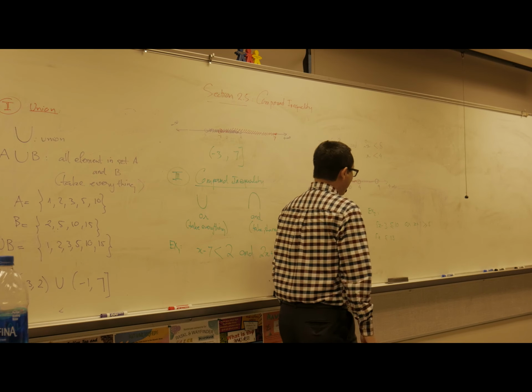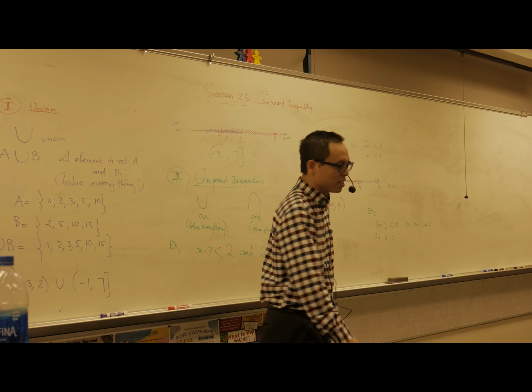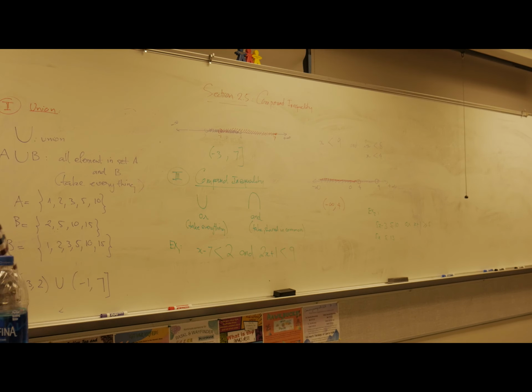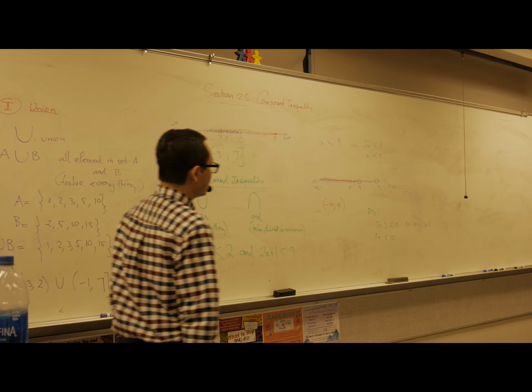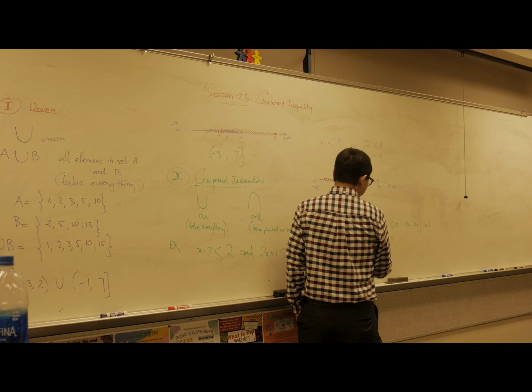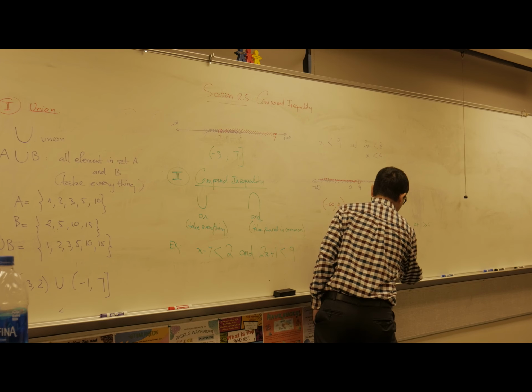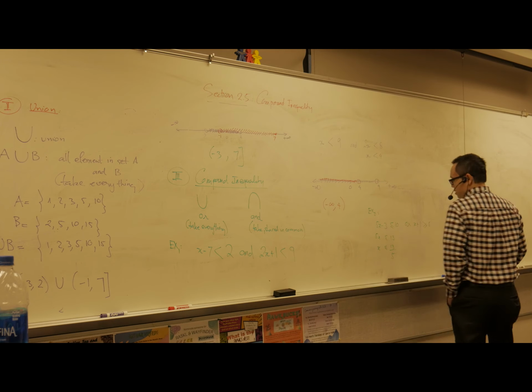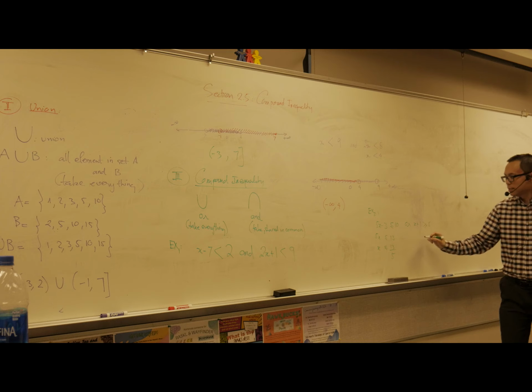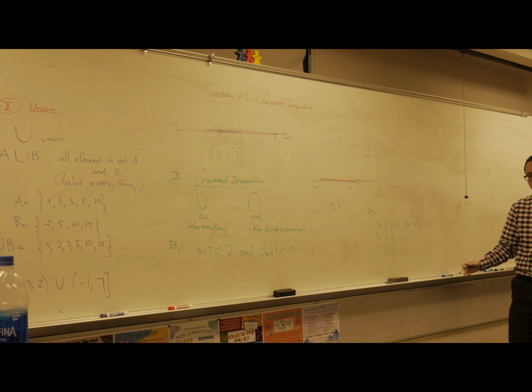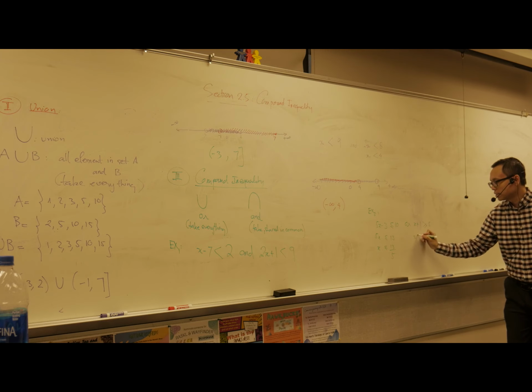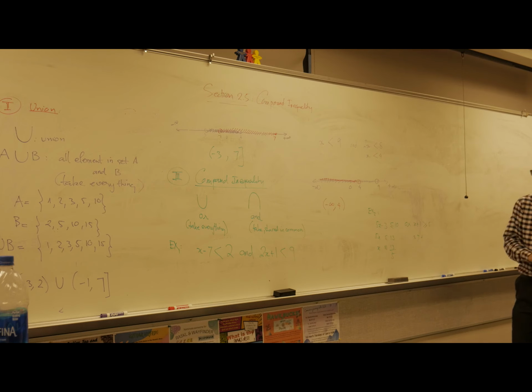So I'm going to add 3 to both sides, so that gives you 13. It's not a nice number at all, but that's what it is. Then we divide by 5, so you have x less than or equal to 13 over 5. And over here, easy, you just subtract 1 from both sides, so you have x greater than or equal to 4.